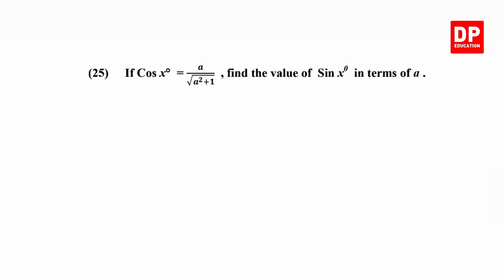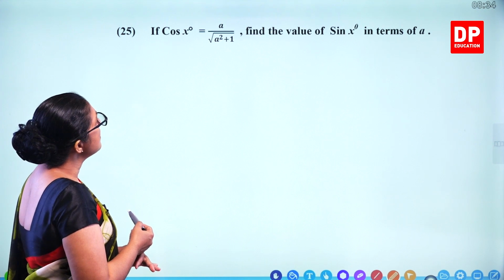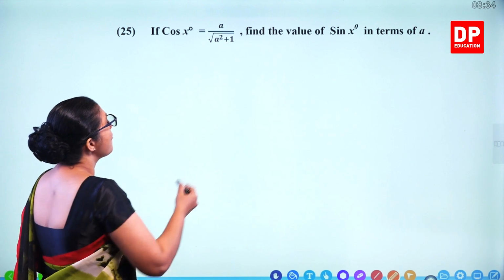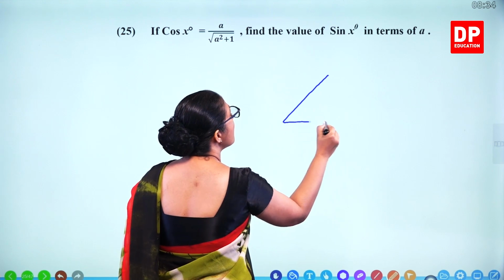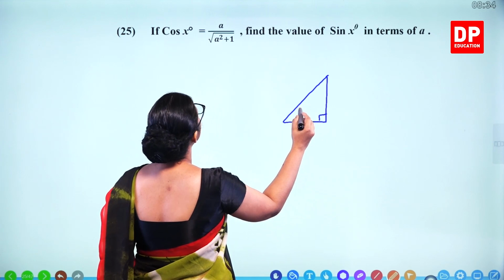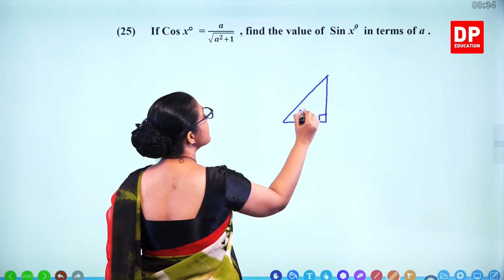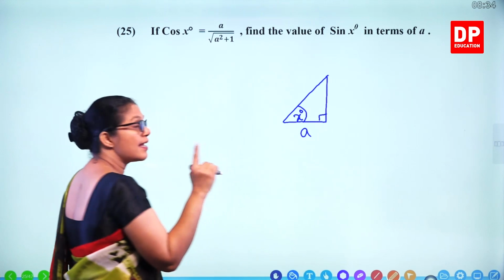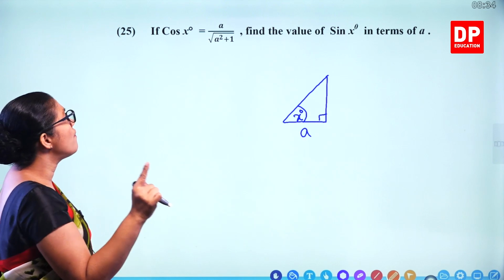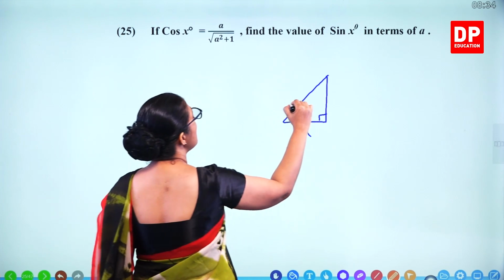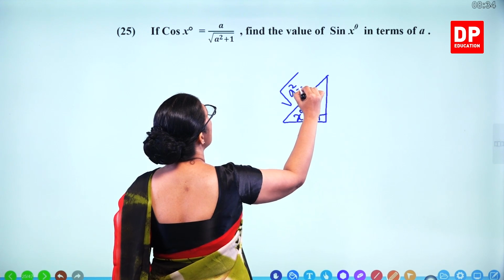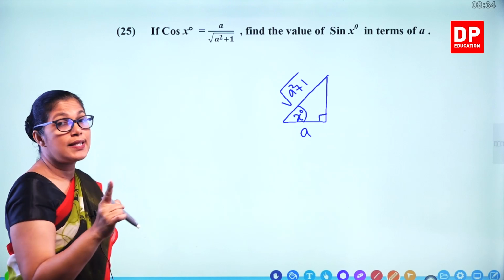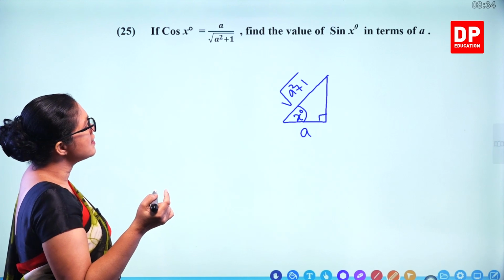Question number 25. If cos x equals a over a squared plus 1, find the value of sin x. Now we know in a right angle triangle, if the angle is x, this is adjacent. Adjacent is a. Cos ratio is adjacent over hypotenuse. Then this becomes hypotenuse, a squared plus 1. So if you can find out the opposite side, you can easily find out the sin x.